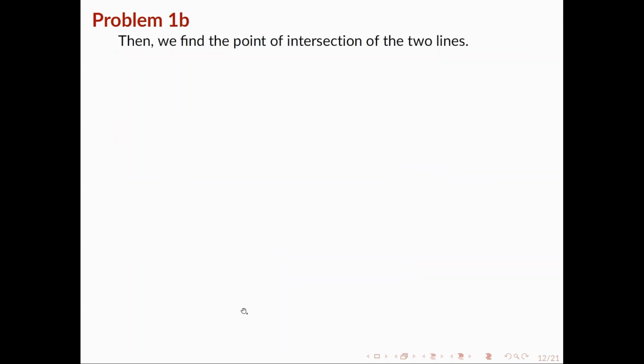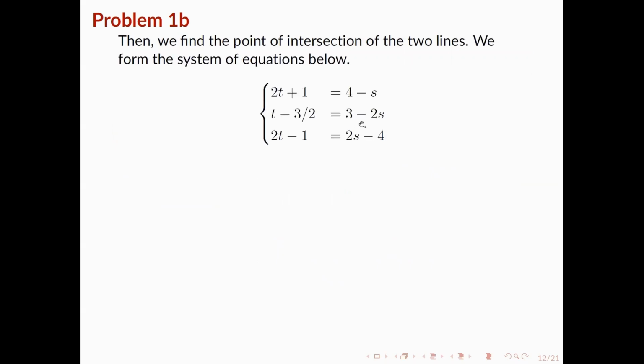So dahil intersecting siya, we are going to find the point of intersection of the two lines. We form the system of equations below. So saan to galing? Notice na at point of intersection, ang kanilang corresponding coordinates ay equal.